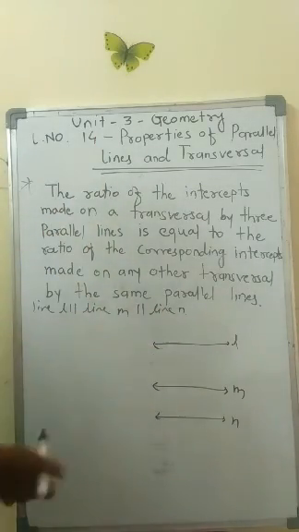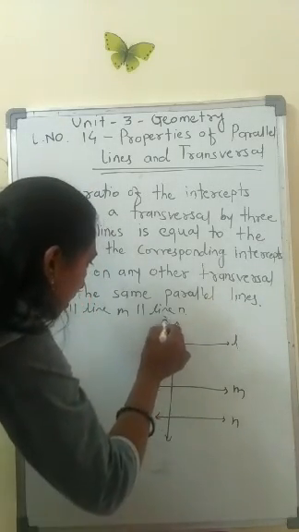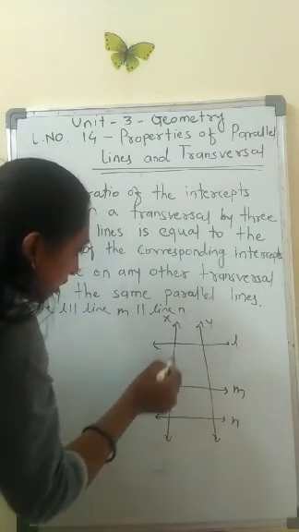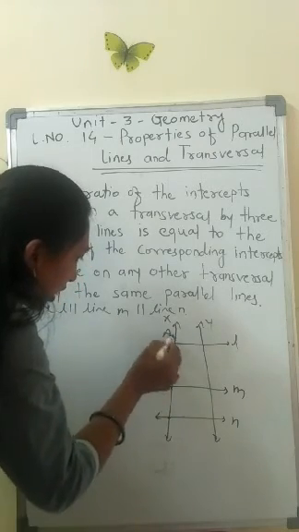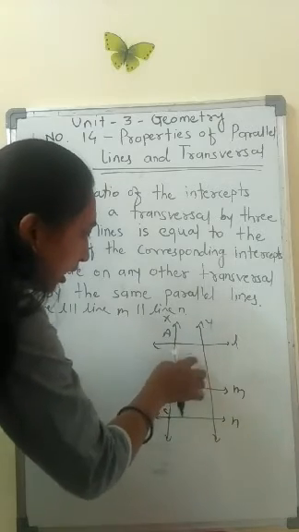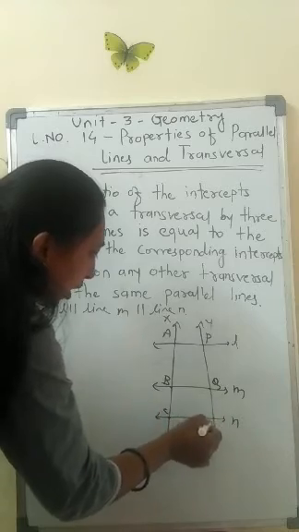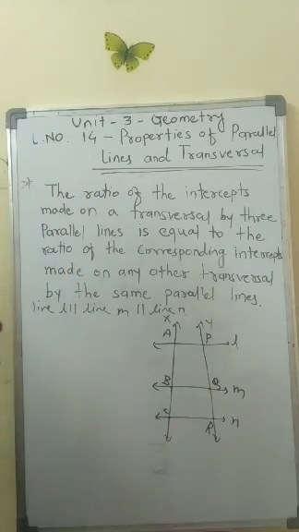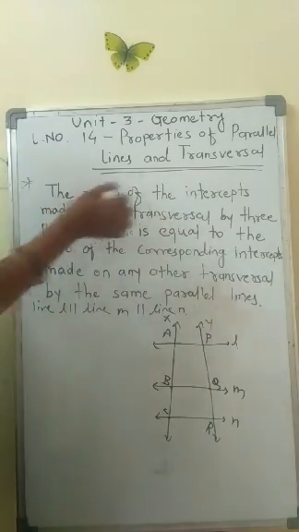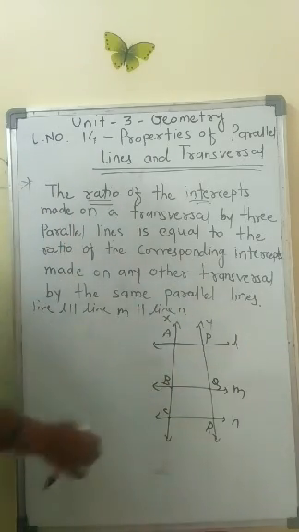It means that 3 parallel lines are intersected by 2 transversals, X and another transversal Y. Transversal X intersects at 3 distinct points, point A, point B, point C, and the other transversal intersects at 3 distinct points, point P, point Q, and point R. What is meant by intercepts made on transversal X?